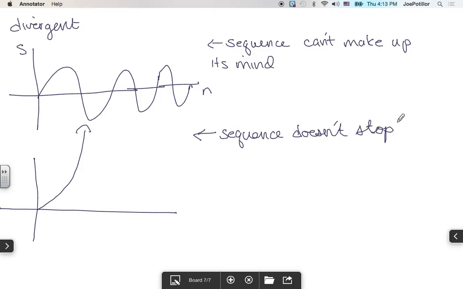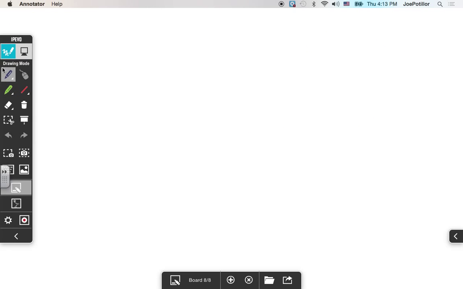Convergence applies to finite sequences. The sequence doesn't stop. You can't have a sum if it doesn't stop going anywhere. That's the second situation. Hopefully that clarifies what I mean by divergence and convergence.